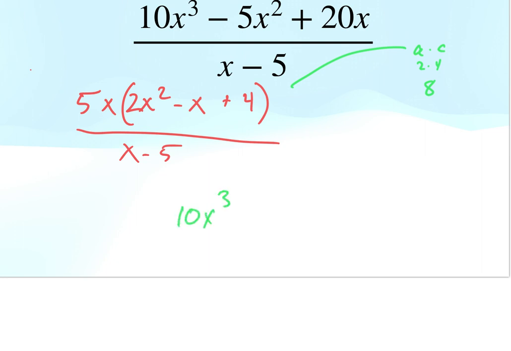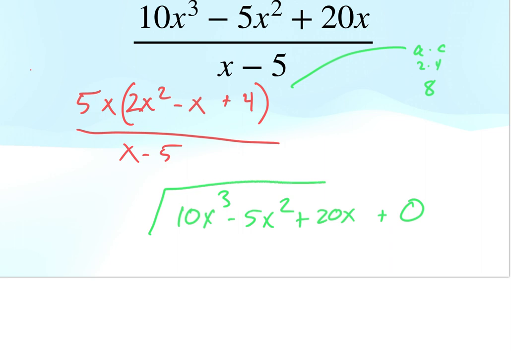10x cubed minus 5x squared plus 20x plus 0. When you're doing division, you have to include all the terms. So if there was an x squared that was missing, if it went 10x cubed plus 20x, I'd have to have a 0 in this spot.